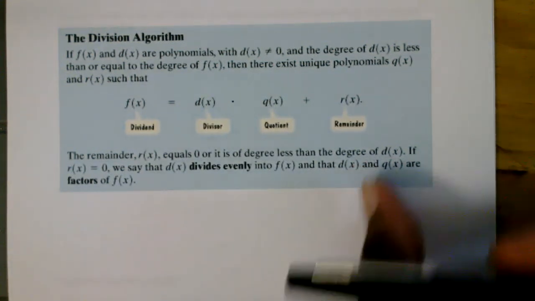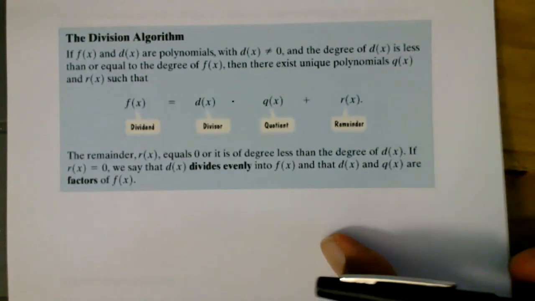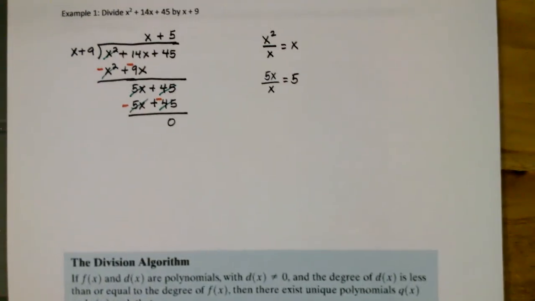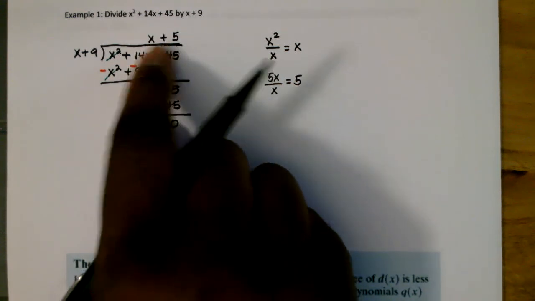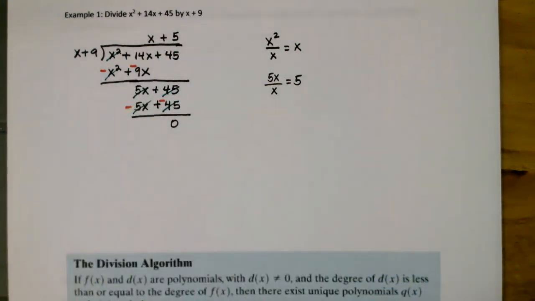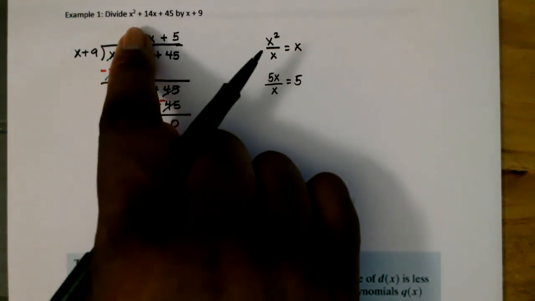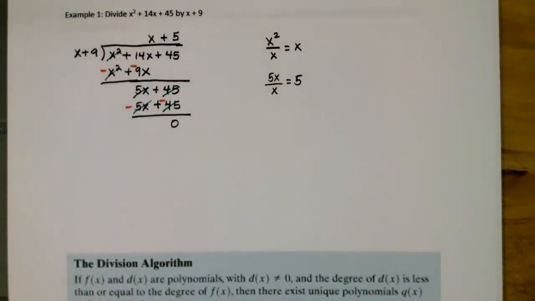So in that last example that I just did, here I got a remainder of 0. So I can say here that x plus 5 and x plus 9 are considered to be factors of x squared plus 14x plus 45.